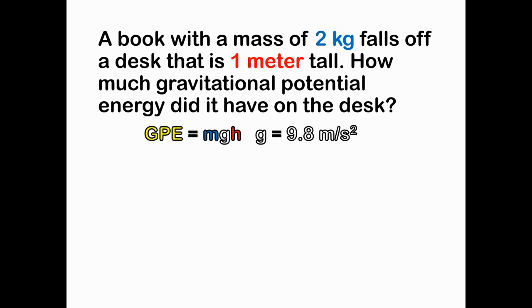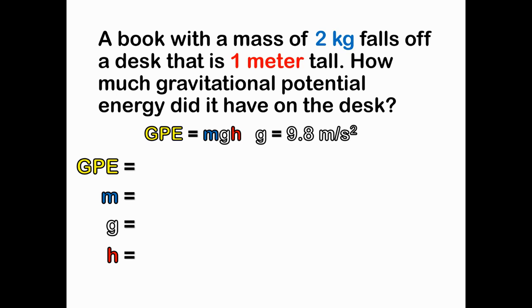If we are on some other planet or moon, we'll give you what the g would be if we were on a different gravitational field. Okay, next, let's set up our knowns and unknowns. Let's figure out what does GPE equal, what does mass equal, what does g equal, what does h equal. All right, so our mass. What was the mass of the book?